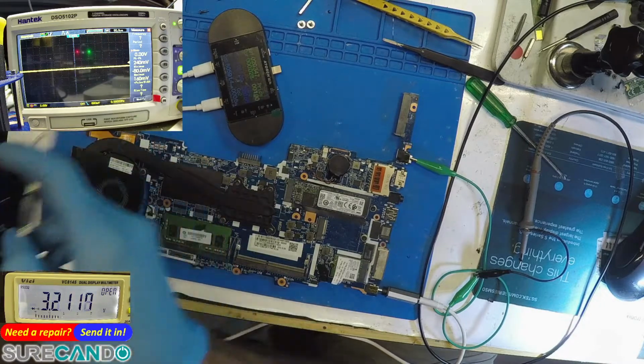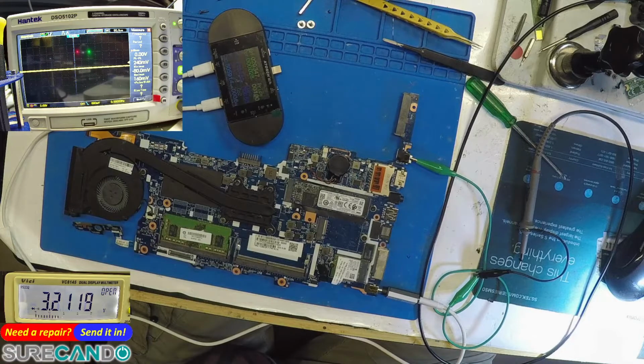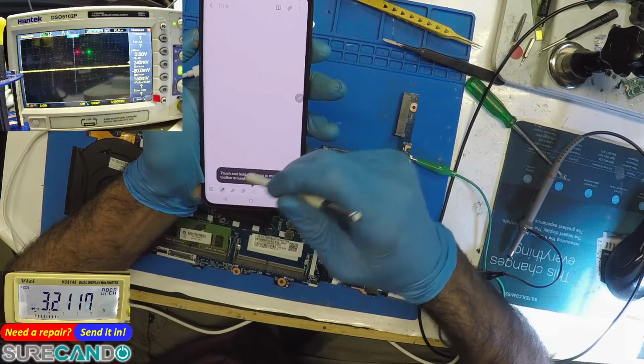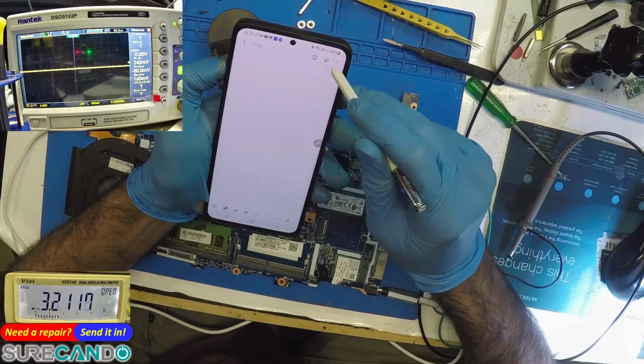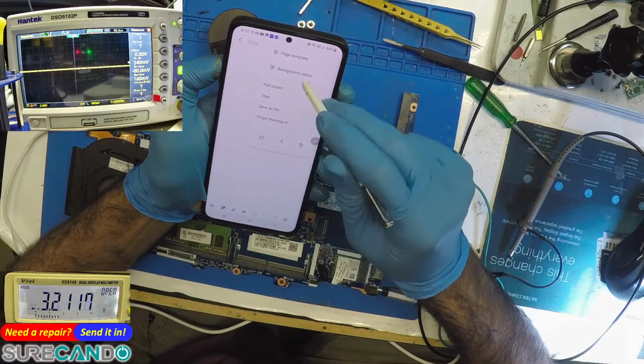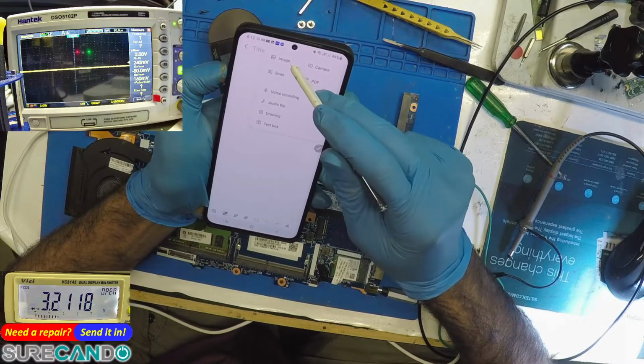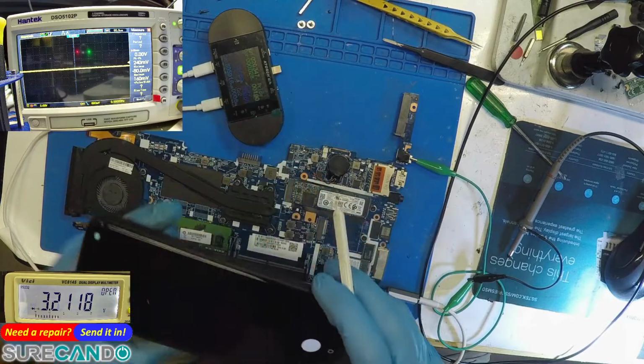Take a photo. Samsung Notes, okay. Scan.